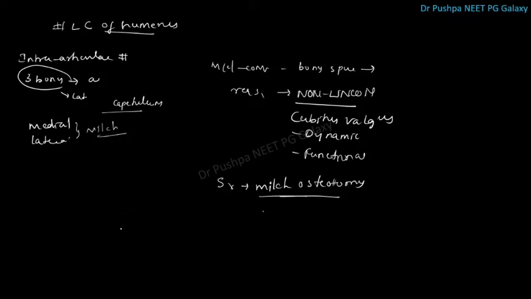The treatment of fracture of the lateral condyle of the humerus, as it is a fracture of necessity, is open reduction and internal fixation. For cubitus valgus, we can do Milch osteotomy, which should be done as soon as possible to avoid tardy ulnar nerve palsy.